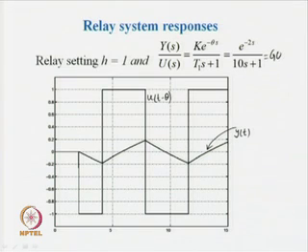Now, the system dynamics is given here, G(s) = e^(-2s)/(10s+1). Now, what do we see from here?